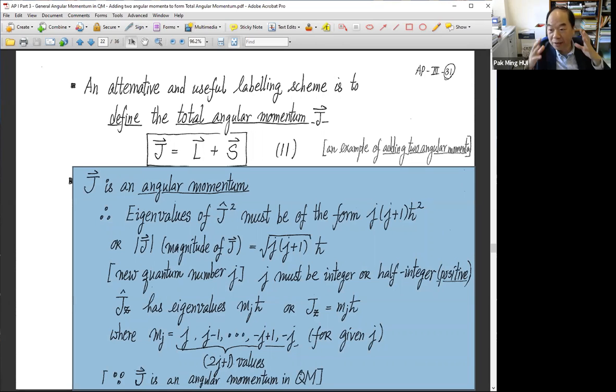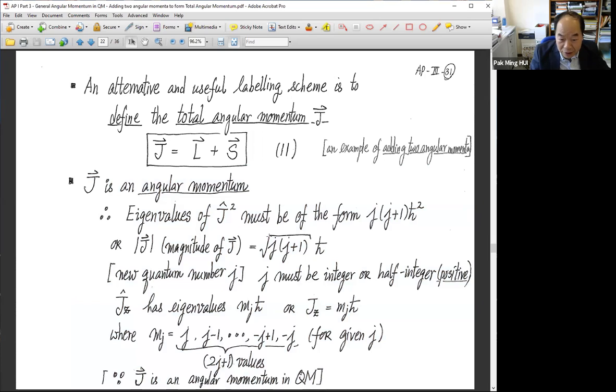We can immediately write it down simply because we realize that J is an angular momentum in quantum mechanics, and we have proven from the commutation relations that these are the properties. And we know a little bit more actually. This j can only take on either integer or half integer. We have proven that.